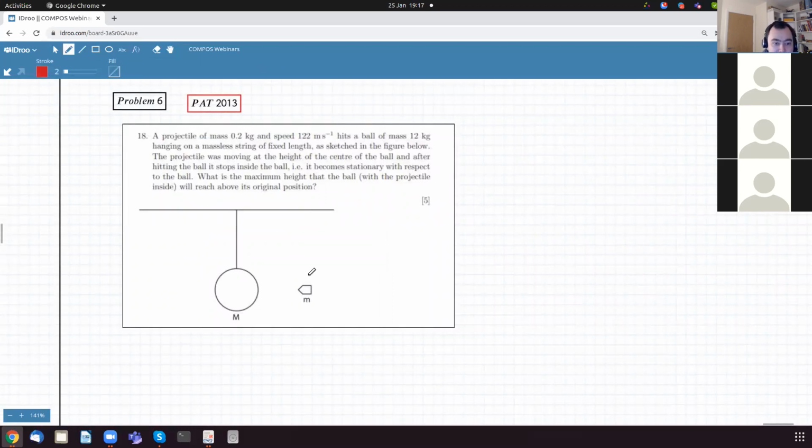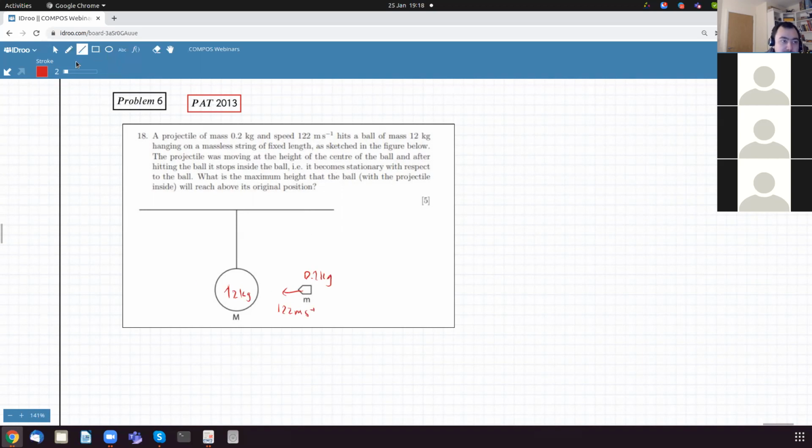A projectile of mass 0.2 kilograms, speed of 22 meters per second, hits a ball of mass 12 kilograms, hanging on a massless string of fixed length as sketched in the figure below. The projectile is moving at the height of the center of the ball.